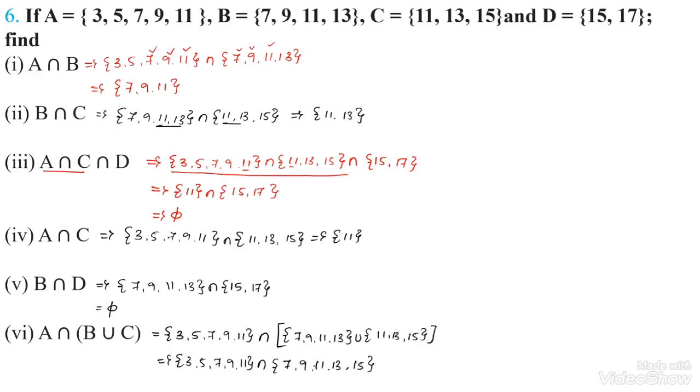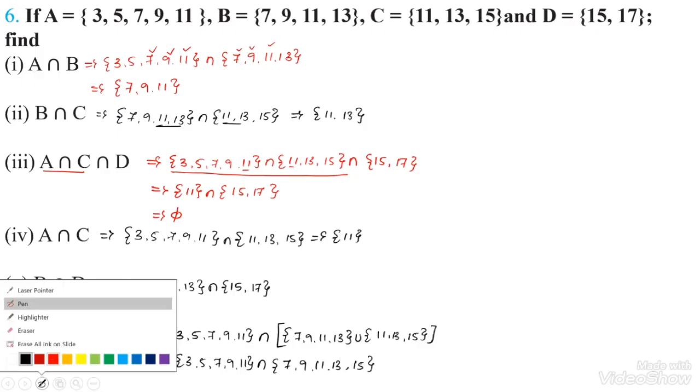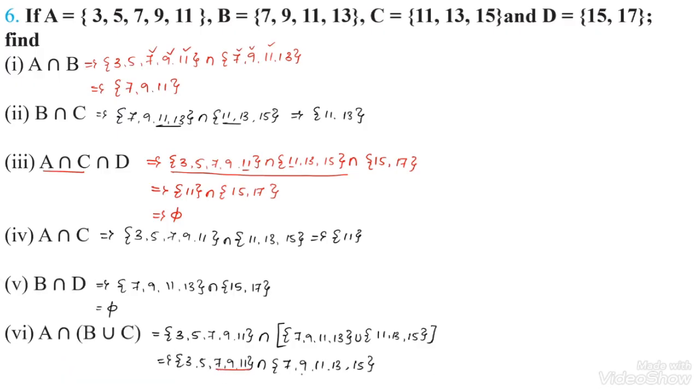In between these two sets, what are the common elements? Here the common elements are 7, 9, 11. Between the two sets, the common numbers are 7, 9, 11. Therefore, A intersection B union C is 7, 9, 11.